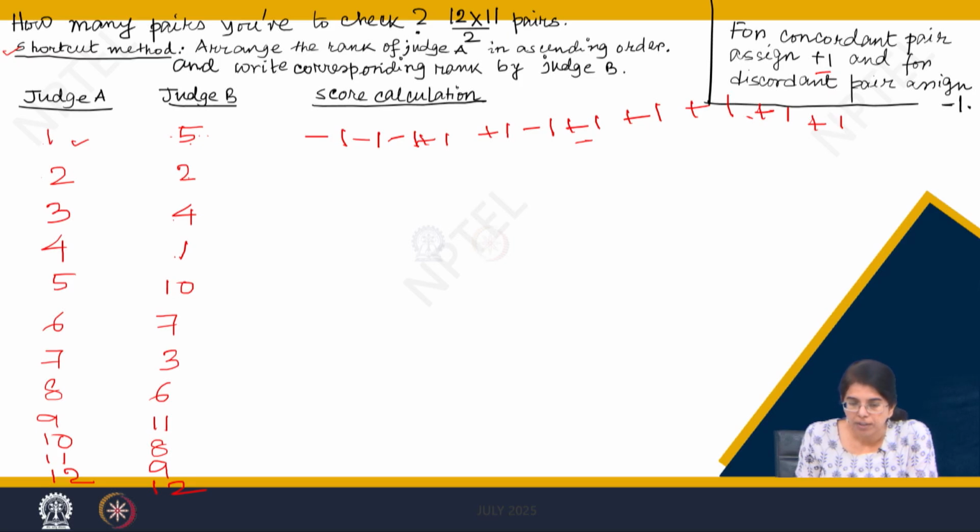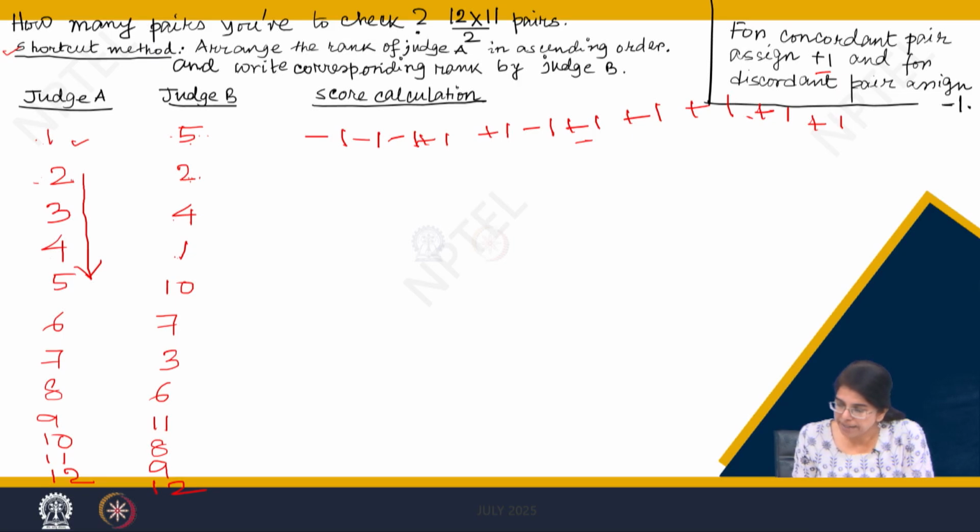Now for 2, should we go for 2 and 1? No, already we have compared 1 and 2 beforehand. So now we will make the comparison to this side, 2, 3, 2, 4, 2, 5, simultaneous comparison for 2, 4, 2, 1, 2, 10, like this. So basically your score calculation will be reducing, because you are not considering the previous observations, you are always working on the successive observations, right?